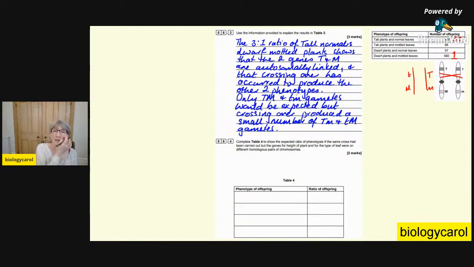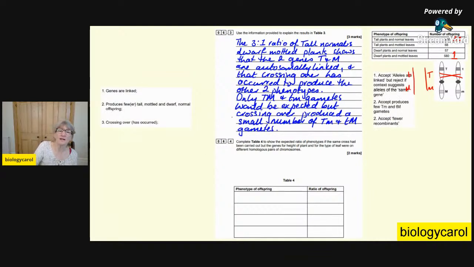So 3-to-1 ratio of tall, normal to dwarf mottled plants shows that the 2 genes are autosomally linked and crossing over has occurred to produce the other 2 phenotypes. And I then went on to say that you would only expect to have big T, big M and little t, little m gametes, whereas there were a small number of these gametes produced.